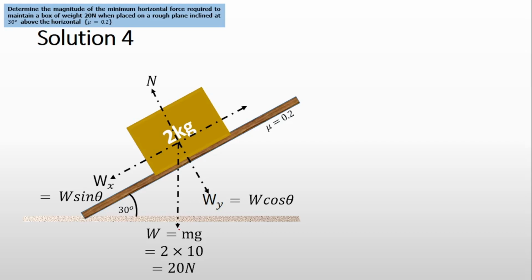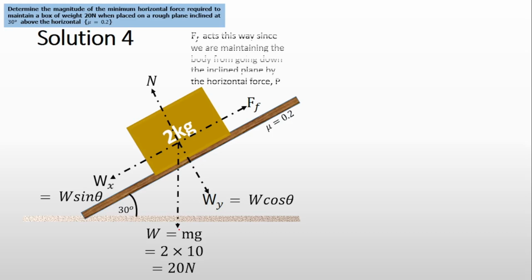There will be a force that will oppose this, because it's the weight that will make it move down. That force is the frictional force. So we need to maintain the body from sliding. The frictional force F sub F acts this way, since we are maintaining the body from going down the inclined plane by the horizontal force P. So here is the horizontal force P.